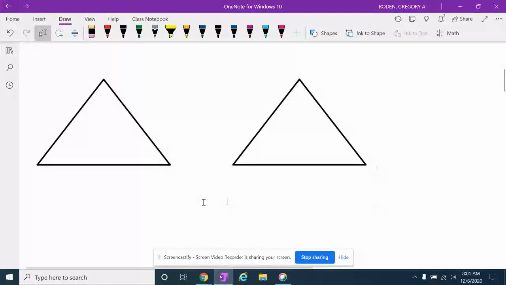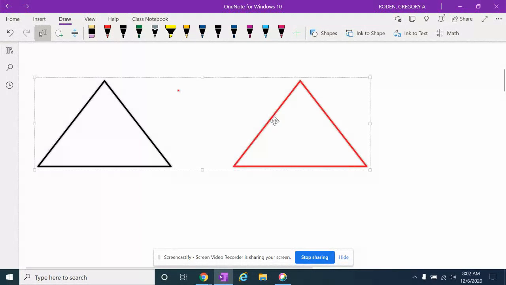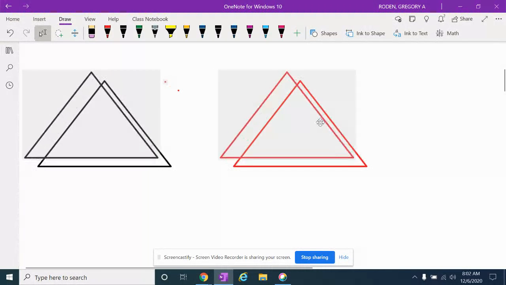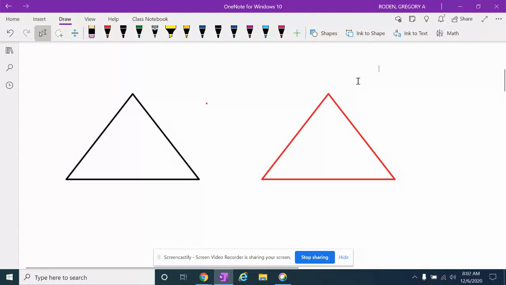Now, just to show you, I'll make one red and I'll make this one red so you can see it. These two triangles are what we call congruent. The way you can think of congruent, as one of my students says, is duplicates. They're duplicates of each other, right? So if I take this red triangle and put it on the other one, it will line up exactly.